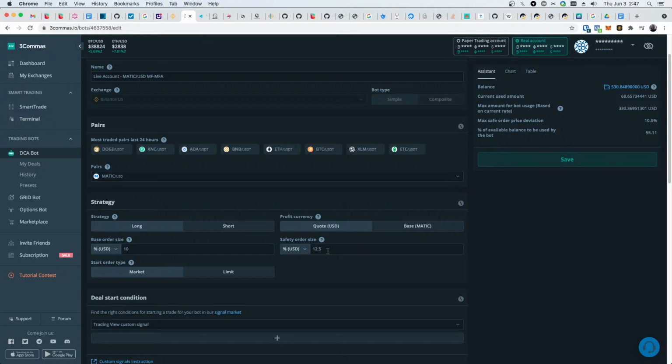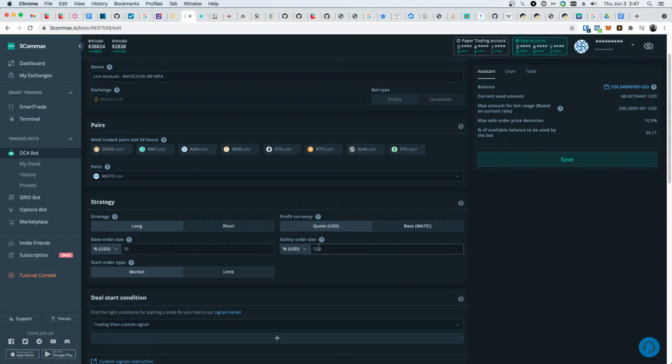And then I decided, after talking with a few others and watching some other videos, to bump up the safety order quite a bit. Before it was like 1%. This time we went a lot higher, 12.5%, so you still want to bump higher.